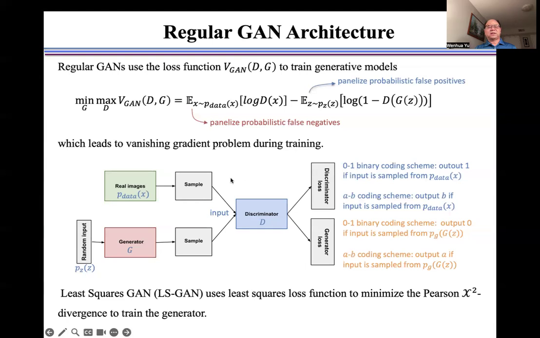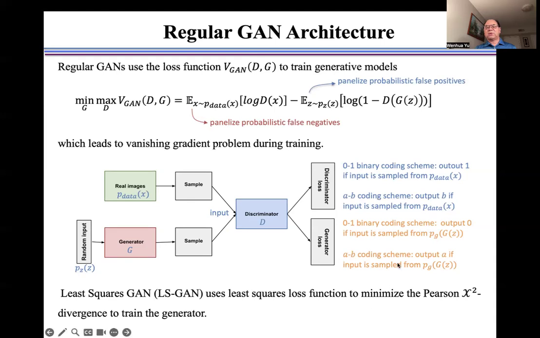Here is the architecture of a regular GAN. The discriminator is used as a classifier. For the binary coding scheme, the discriminator outputs 1 if its input is sampled from real data. For the AB coding scheme, the discriminator outputs B if its input is sampled from the real data distribution.